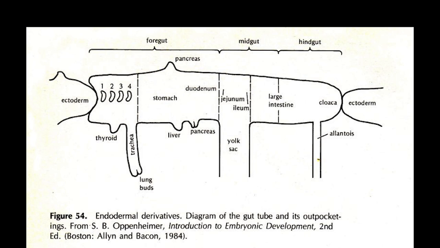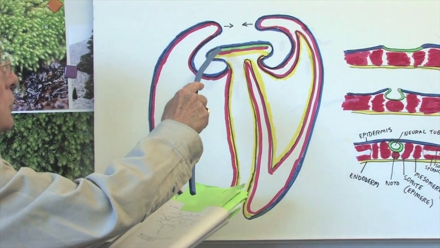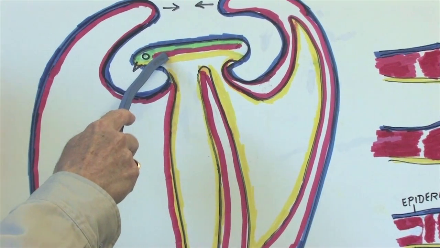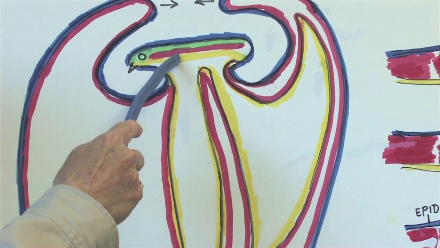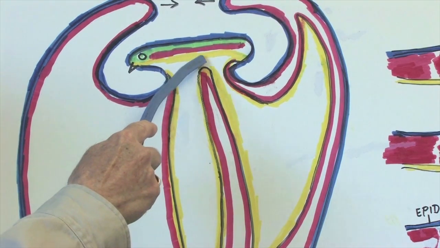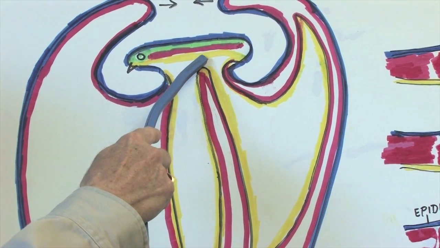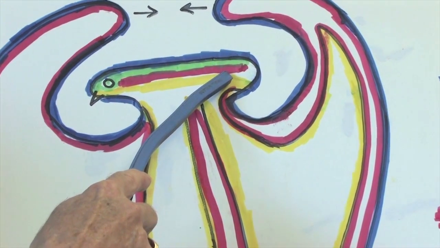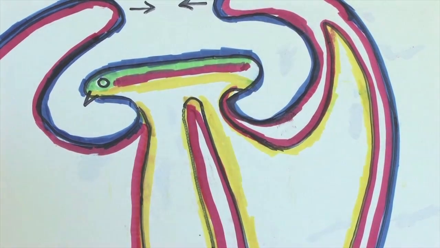And the endodermal tube starts anteriorly with the pharynx area, then moves to the stomach, then moves to the duodenum, then moves to the small intestine, the jejunum and the ileum, moves to the large intestine, and moves to the cloaca.